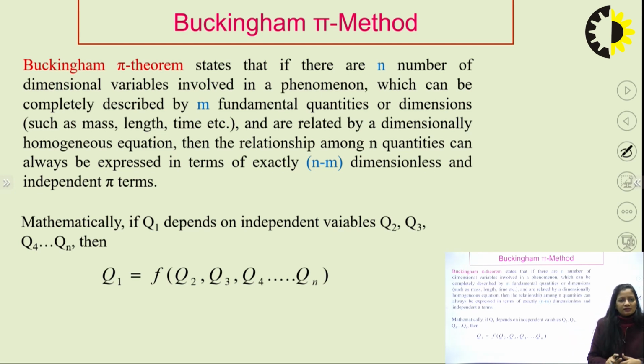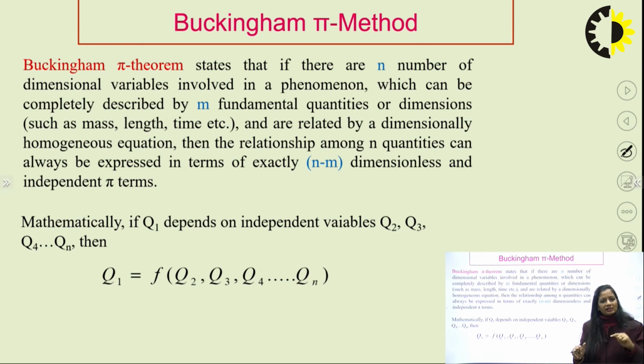First, you need to understand: let us suppose any physical phenomenon contains 5 terms, including dependent and independent variables. So n will be equal to 5. What is m? m is your fundamental quantities M, L, T, which is 3.